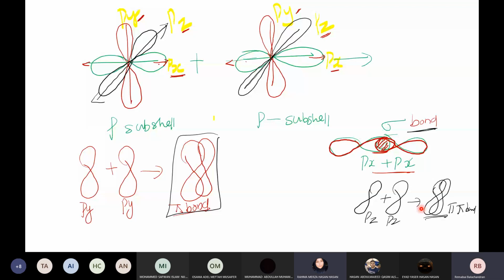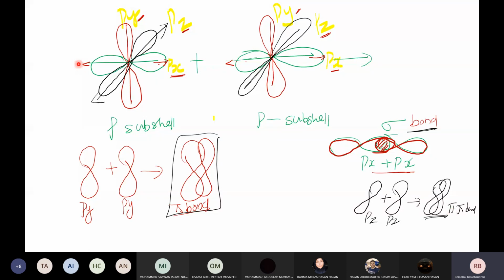Pi bond. So in short, you just listen. I'm going to ask you questions. If the x-axis is taken as the internuclear axis, px and px will give a sigma bond, py will give a pi bond, and pz will give a pi bond.